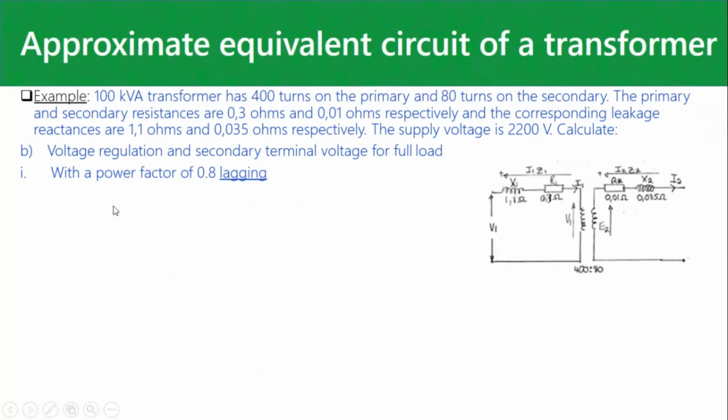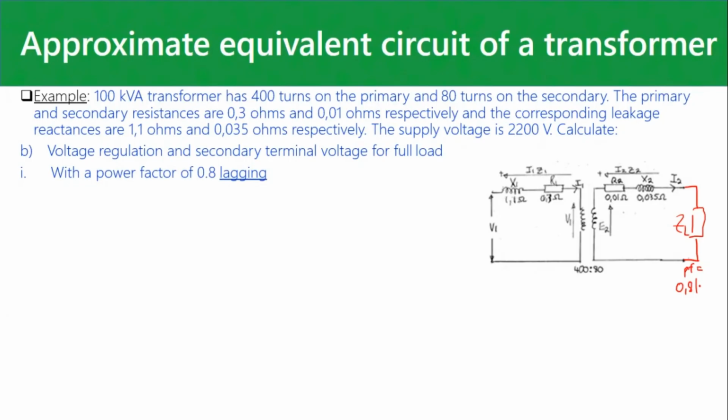Now they ask what the voltage regulation and secondary terminal voltage are for full load with a power factor of 0.8 lagging. You cannot work this out without the power factor. So now you connect a load here and the power factor is 0.8 lagging.